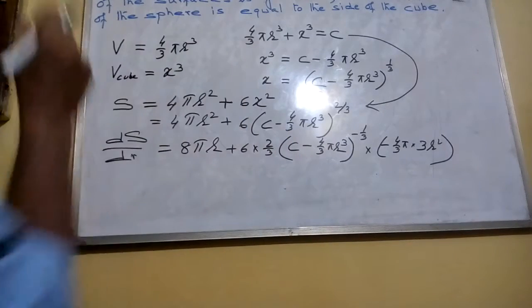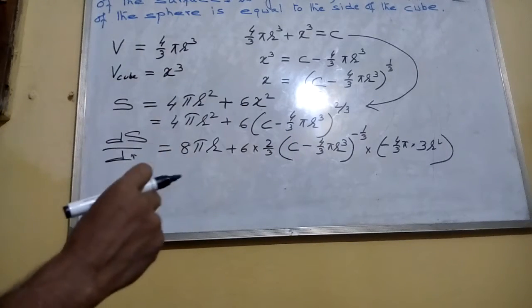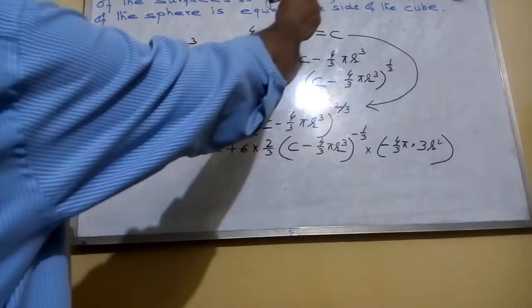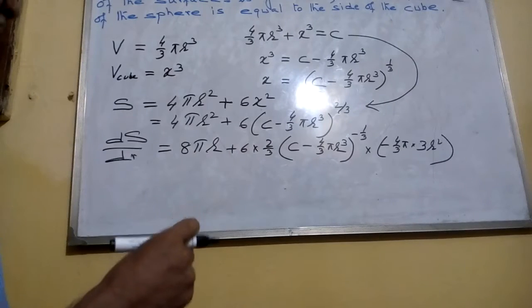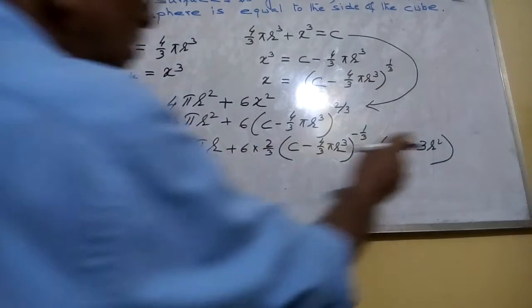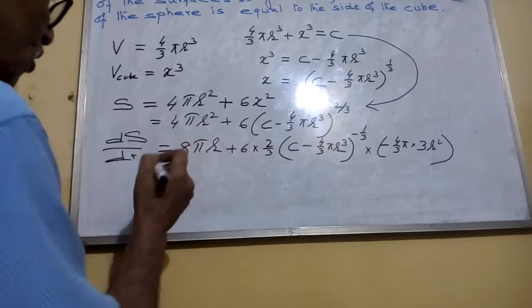Now we have to say that whenever the surface is greatest, at that point dS/dr = 0. That means this whole expression equals 0.